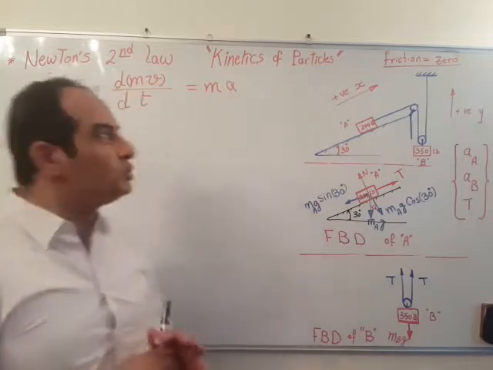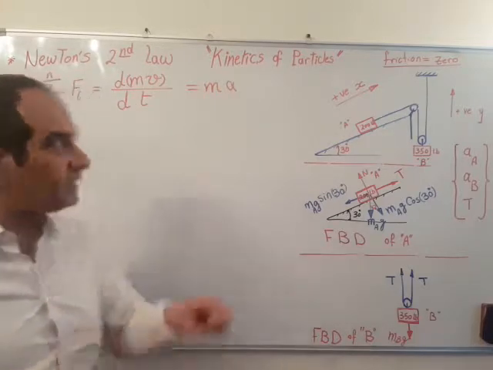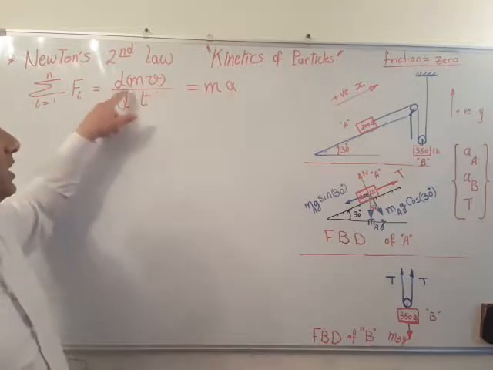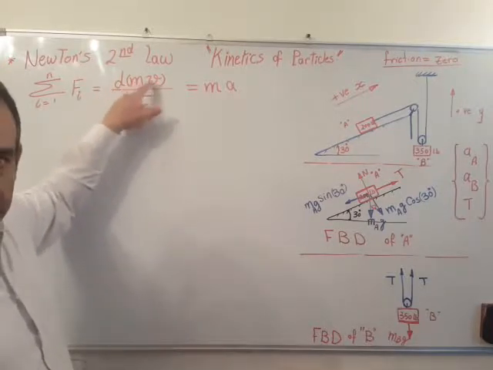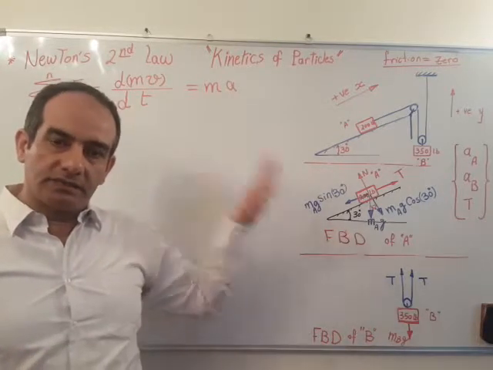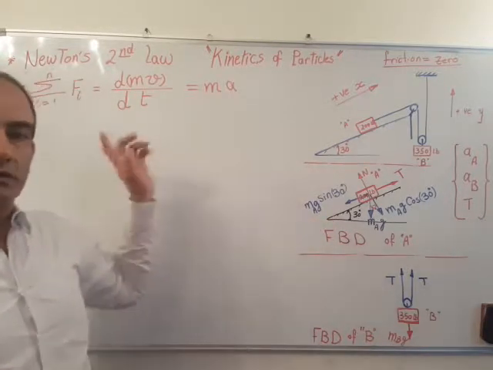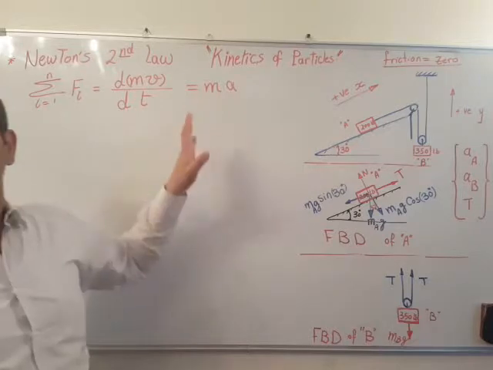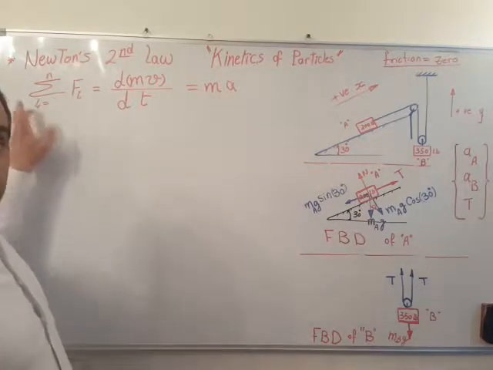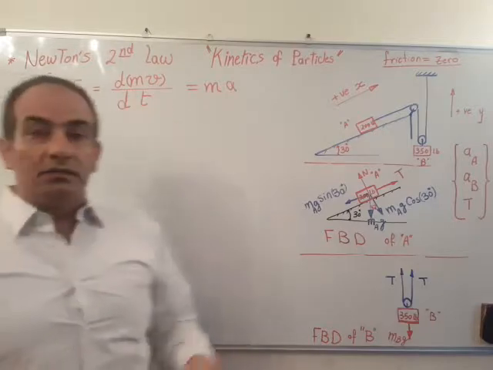In this case, you should consider this variation and the differentiation of the whole momentum, the mass times the velocity. But in most of our problems, we consider the mass to be constant. So this is the simplified equation of Newton's second law.